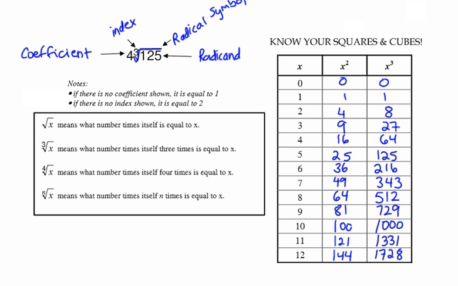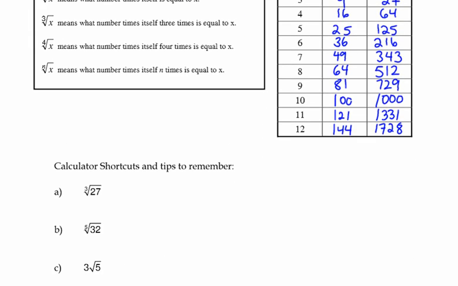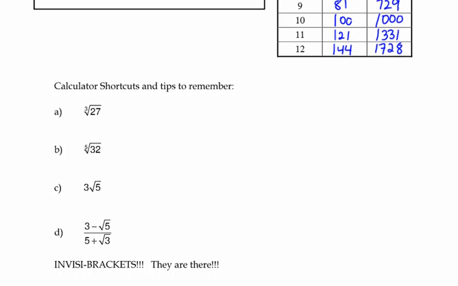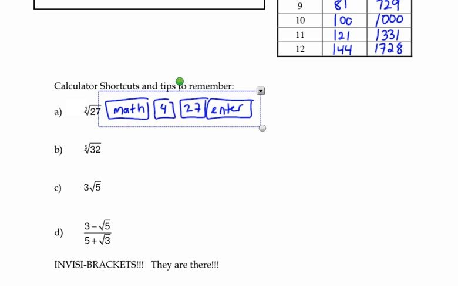Okay, so you need to memorize these. Make sure they're down. All right, so let's talk about how to put this in your calculator. How would you type in the cube root of 27? Math, 4, 27, and then enter. So 4 is going to look like cube root of x.